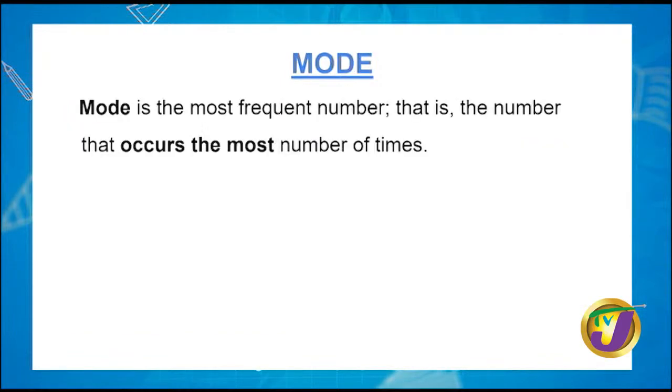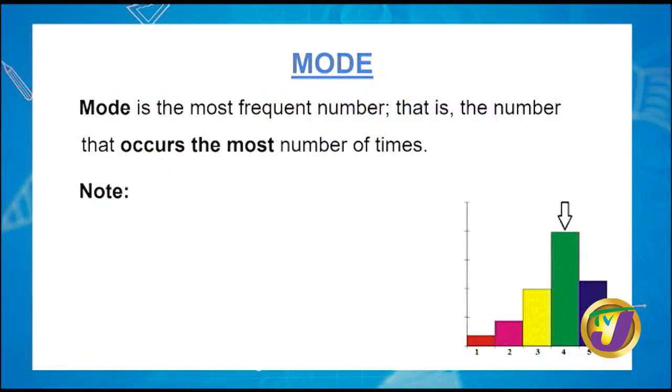Okay. All right, mode. Next, the mode is the most frequent number in our distribution. That is the number which occurs the most. In this diagram, you will see that it is also represented by the highest bar in the distribution.